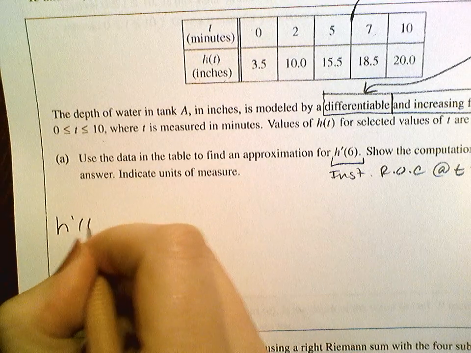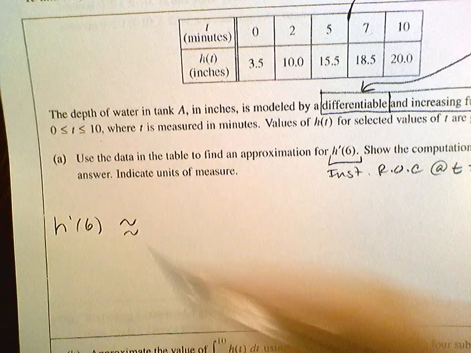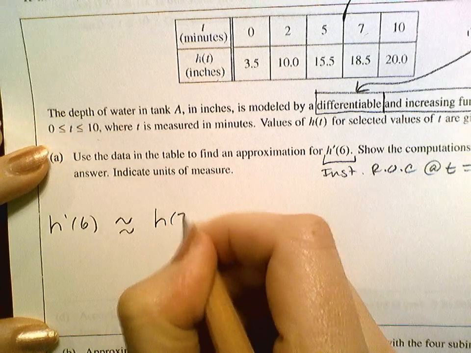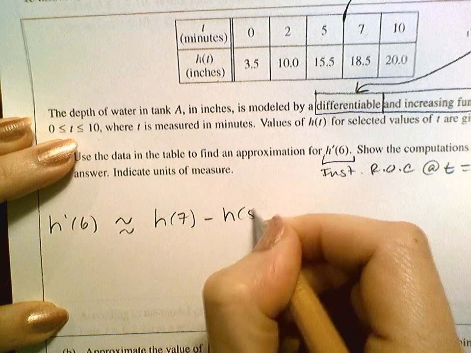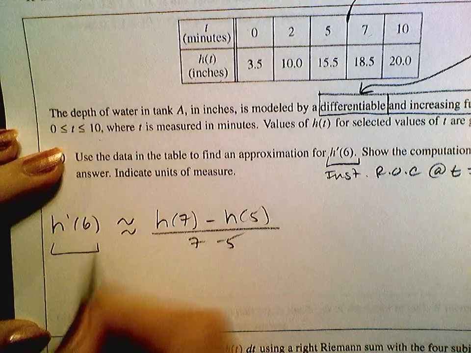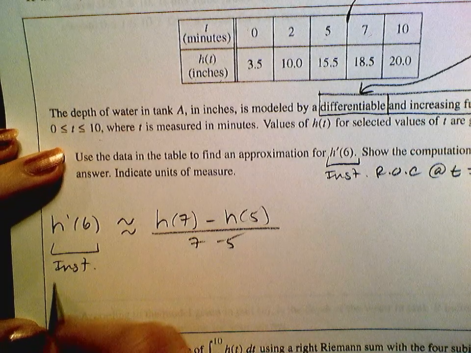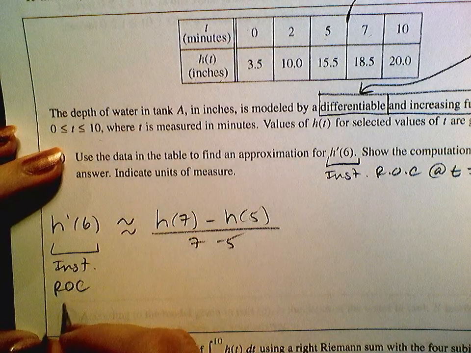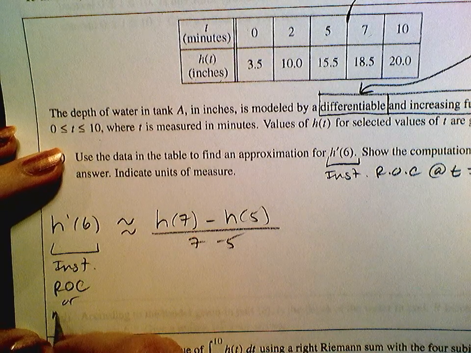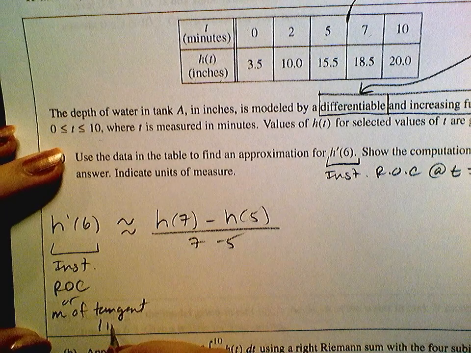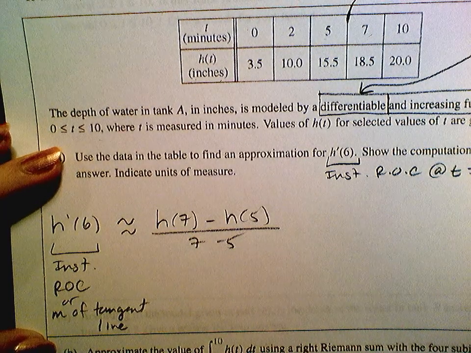Okay, so we'll go like this. h prime of 6 is approximately h of 7 minus h of 5 all over 7 minus 5. So this is the instantaneous rate of change, or you could say the slope of the tangent line. There's two ways of looking at it.